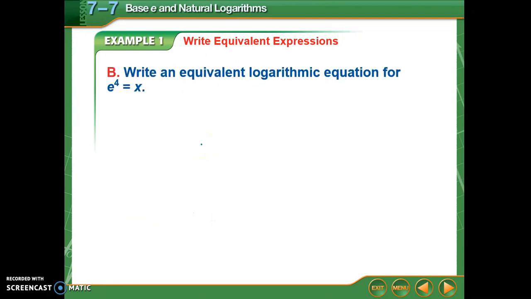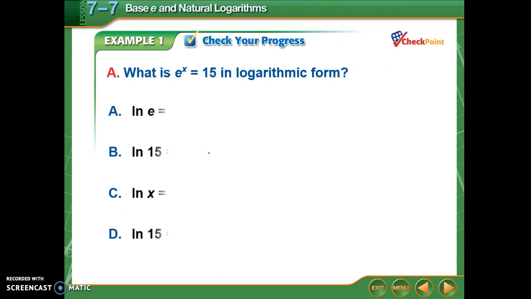Same thing for e to the fourth equals x. I'm going to rewrite it as log base e of x equals 4, but I don't leave it as log base e. I replace log base e with ln of x equals 4. Okay, so here are two for you to try. E to the x equals 15 in logarithmic form should look like ln of 15 equals x.